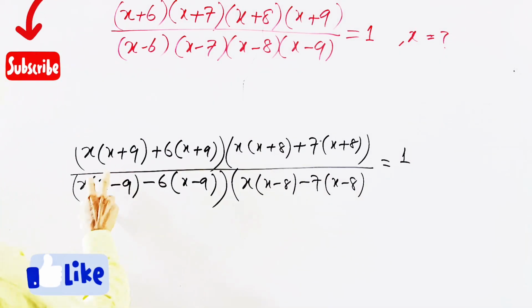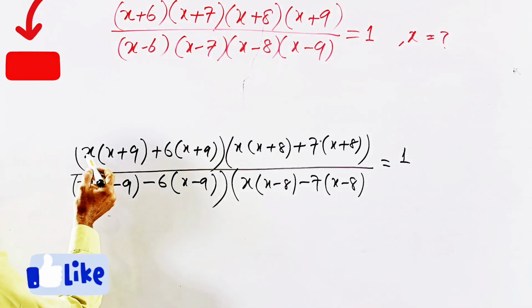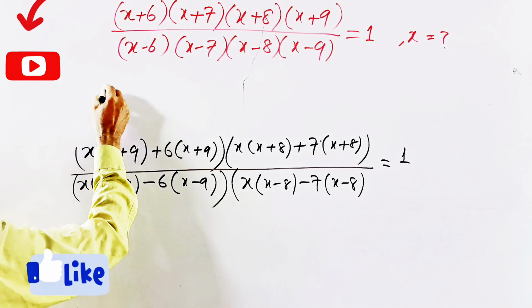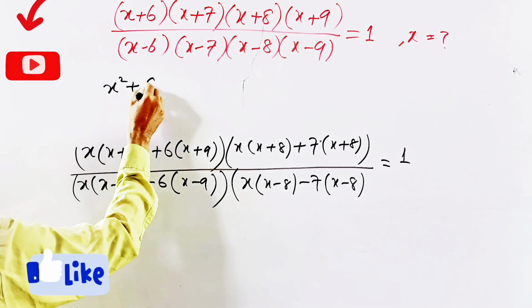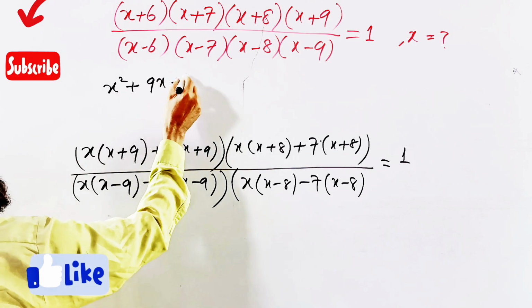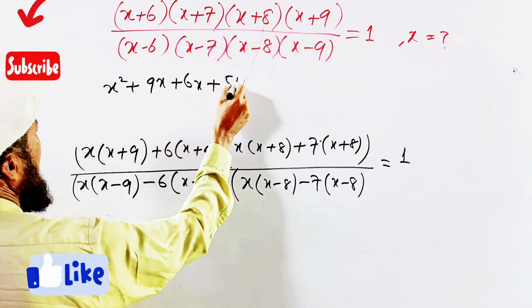Multiplying these pairs one by one, x multiplied by x, we get x square plus 9x plus 6x plus 54.